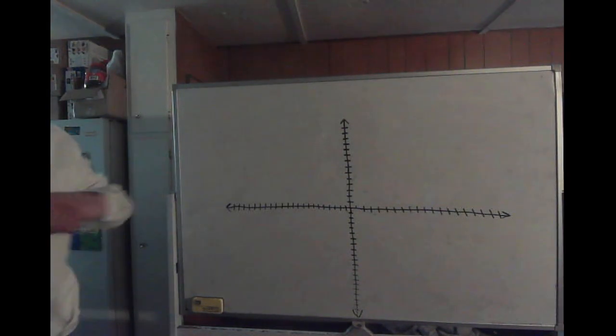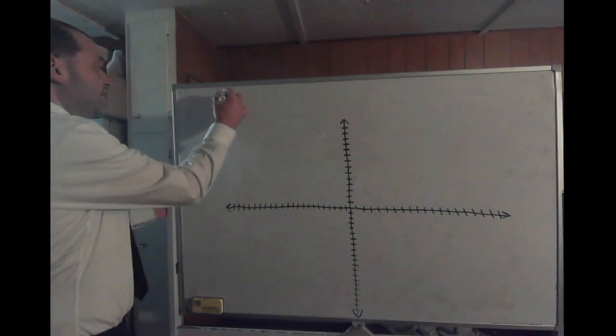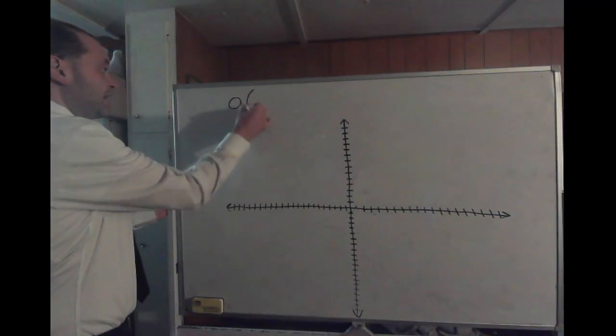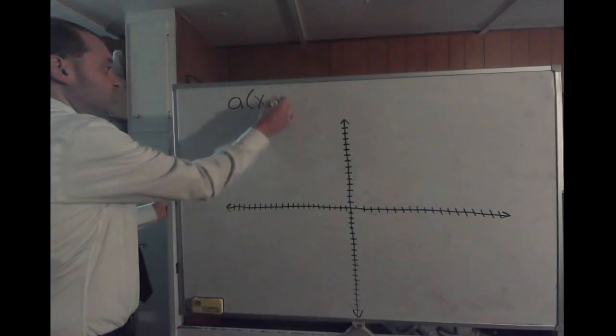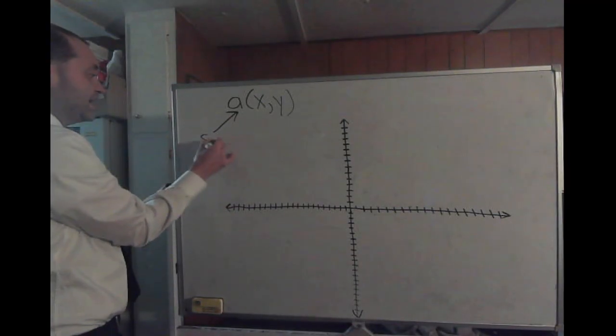Now, what if we're just going to do some multiples? If I have any number A times the value of my vector xy, that A is called a scalar multiple.